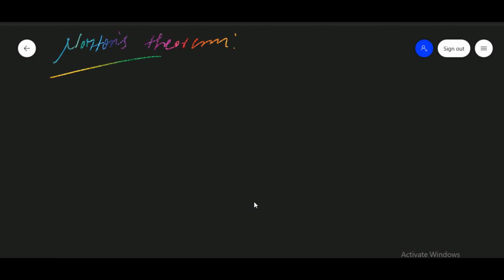How will the Norton's equivalent circuit look? Already we have seen the Norton's current in parallel with the resistance or impedance. Let us consider the same circuit that we considered for Thevenin, and verify whether we get the same value or not.